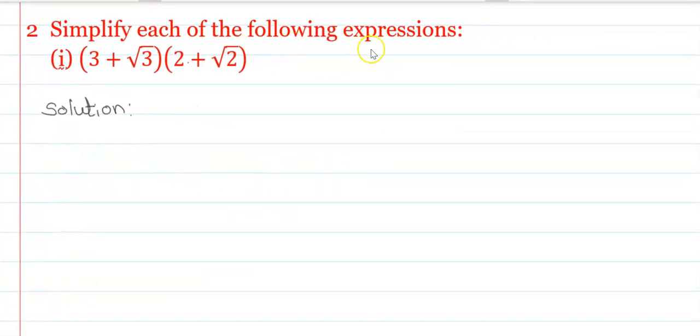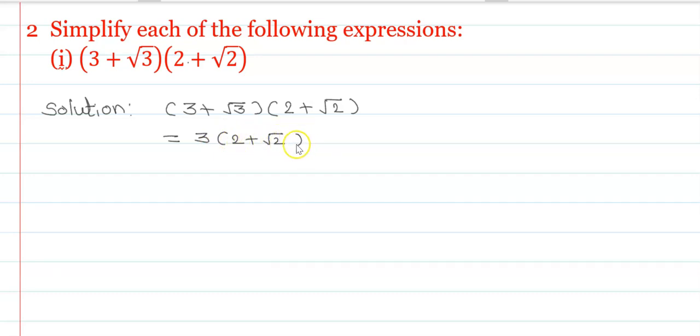Simplify each of the following expressions. First is 3 plus root 3 into 2 plus root 2. Now multiply the 3 with the whole bracket 2 plus root 2. Next, this root 3 into bracket 2 plus root 2.